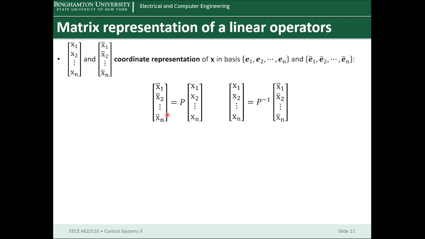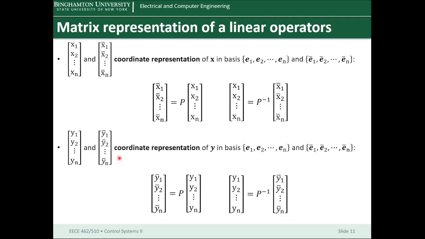The coordinate vector in the new basis, x bar 1 through x bar n, is equal to P times the coordinate vector in the old basis x1 through xn. And equivalently, the old coordinates x1 through xn are equal to P inverse times the new coordinates x bar 1 through x bar n.